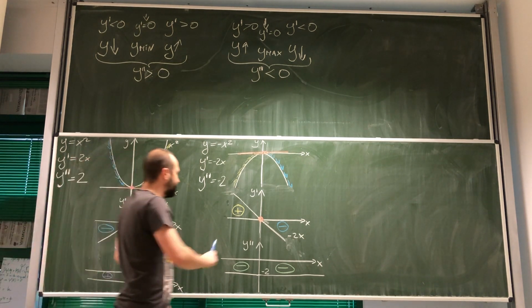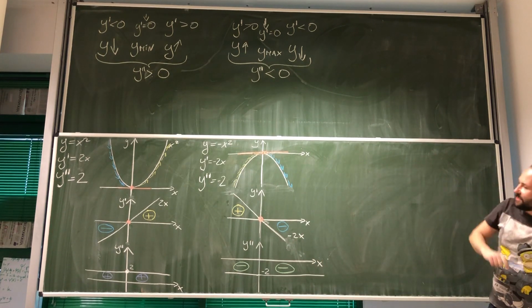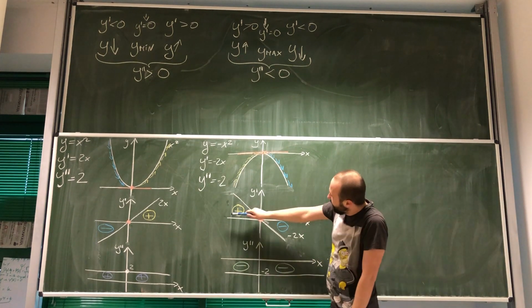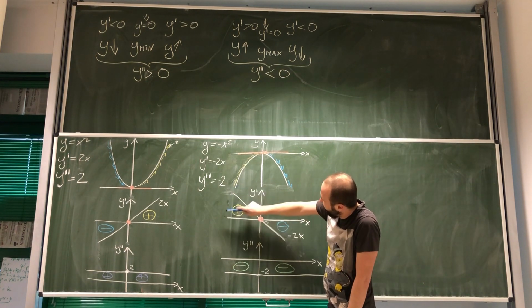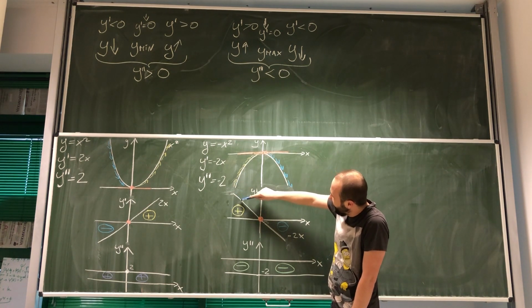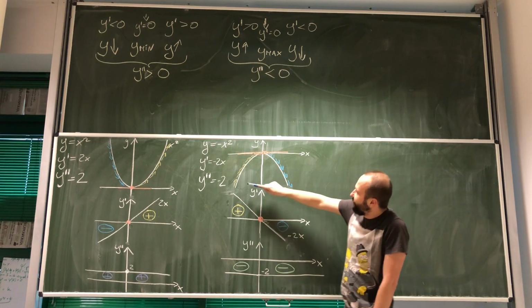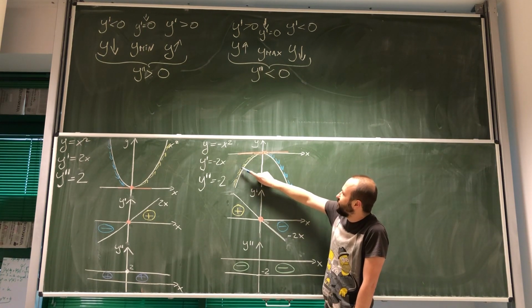But what do we get from this? Here, look, we are actually getting very similar information. At the beginning, the derivative is very big and the function is very steep. But as you see, as the derivative gets smaller and closer to 0, the function is still increasing, but it's increasing slower and slower.